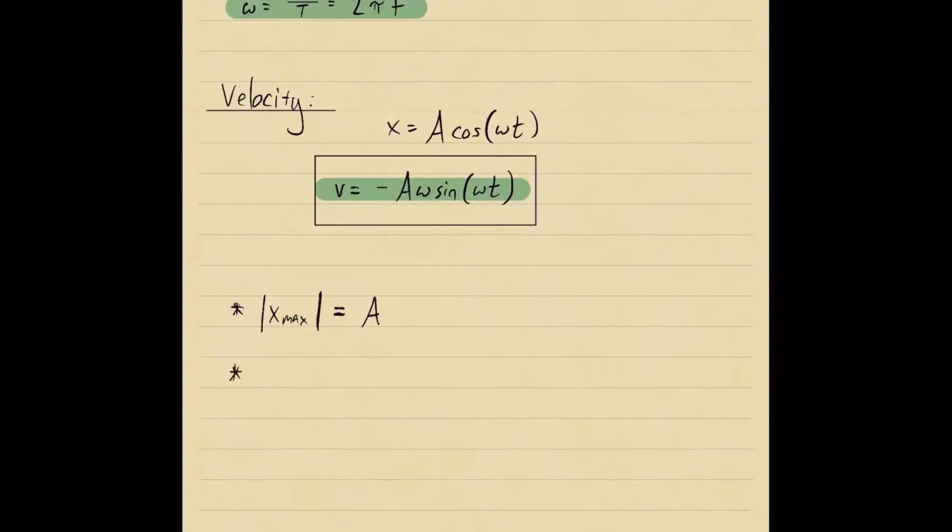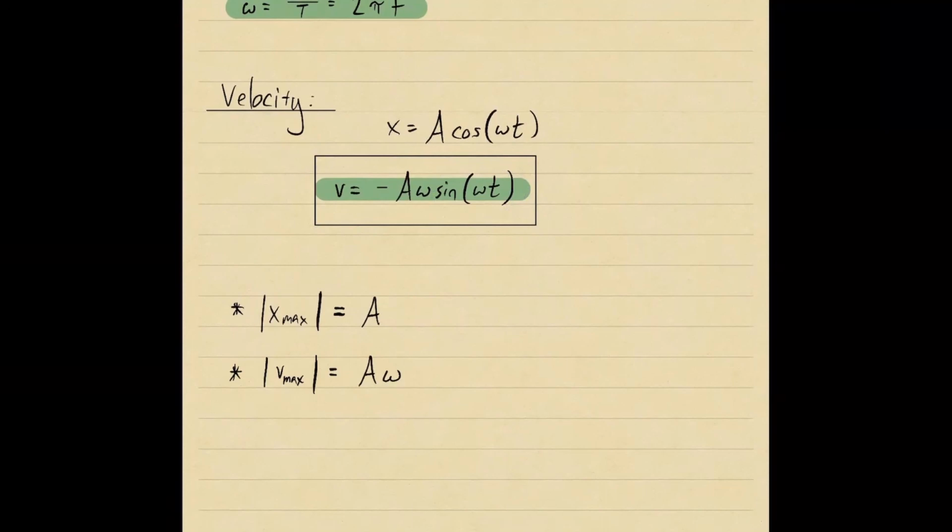And we can do the same sort of thing to look at the max speed of a simple harmonic oscillator. So the max speed at any point along this thing's trajectory is when we find the max value of this. But A is just a number, omega is just a number, and sine also varies between -1 and 1.